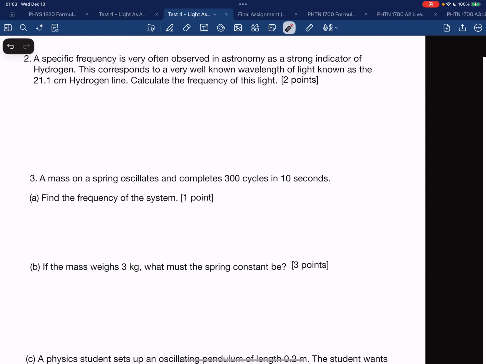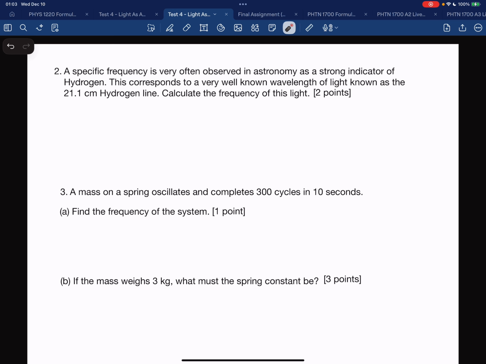A specific frequency is very often observed in astronomy as a strong indicator of hydrogen. This corresponds to a very well-known wavelength of light known as the 21 centimeter, or 21.1, if you want to be more specific, centimeter hydrogen line. So that is the wavelength, and you are asked to calculate the frequency of this light.